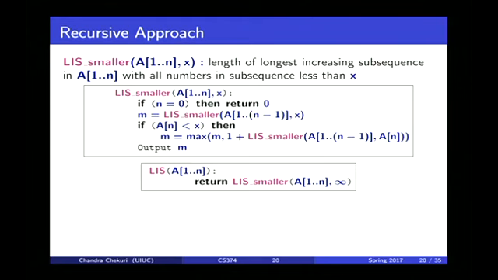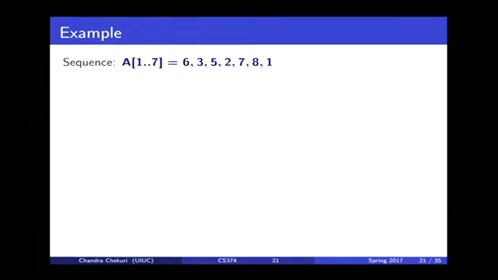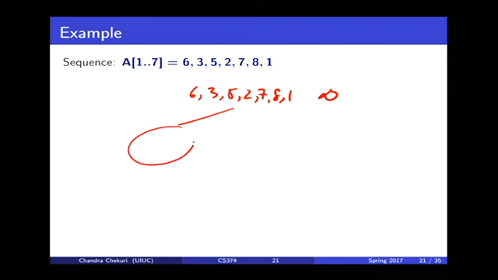What does a problem in this recursion look like? Let's see an example. I want to find the longest increasing subsequence in this thing, right? So what will I do? I have 6, 3, 5, 2, 7, 8, 1, and I'm going to start with infinity, because I don't have any limit. So what are the two problems I get if I recurse on this?